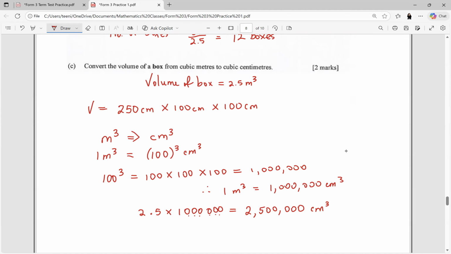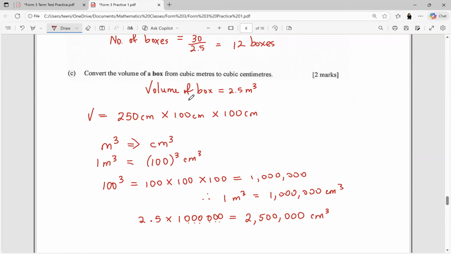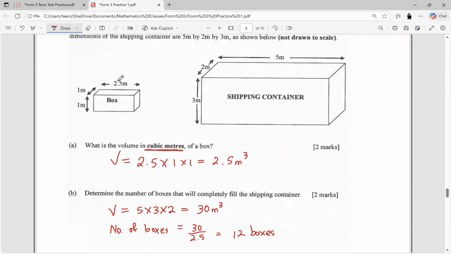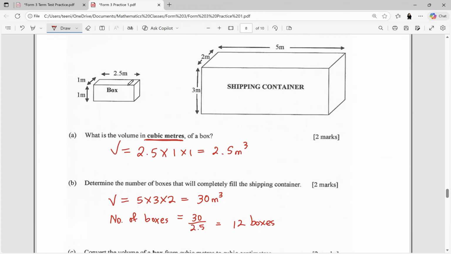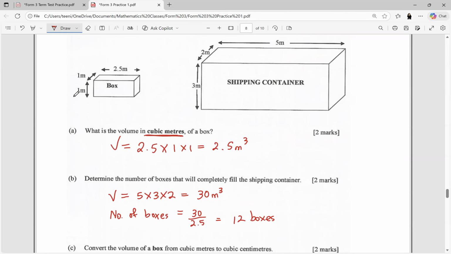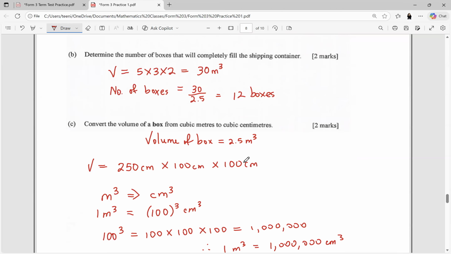So to change cubic meters to cubic centimeters, you will multiply by 1,000,000 or 100 to the power of 3. Or the alternative is to change each of the dimensions of the box individually to centimeters and then just multiply them by each other. So 250 times 100 times 100. That will give you the answer as well.